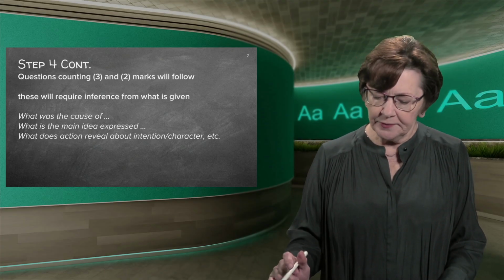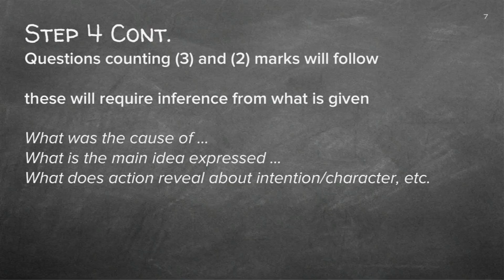Then for the questions counting 3 and 2 that will follow the 2-mark questions, that will require inference. Those are, of course, the category 2 questions. What was the cause of? We have to think about something that is explicitly given to you and infer an answer. We've talked about that.